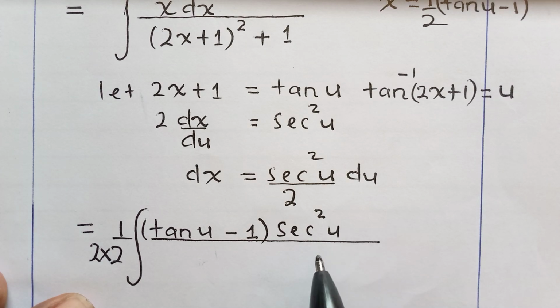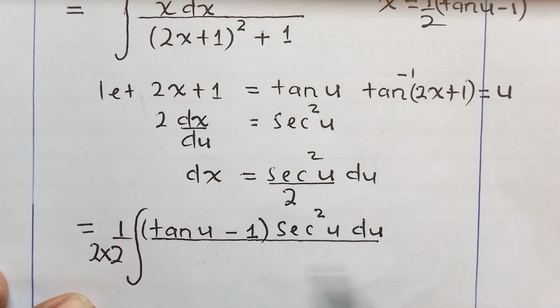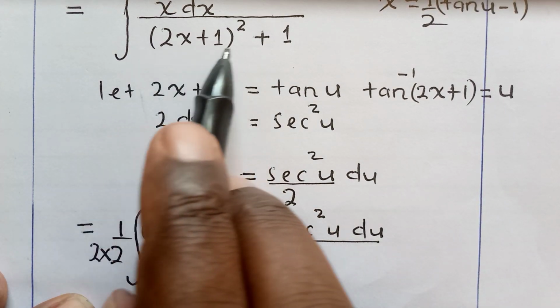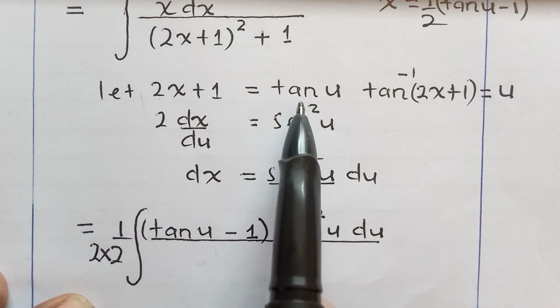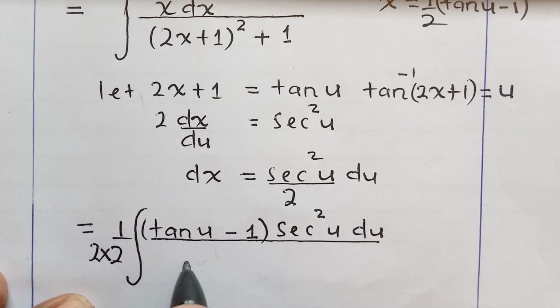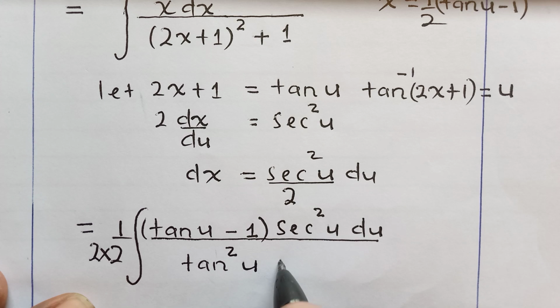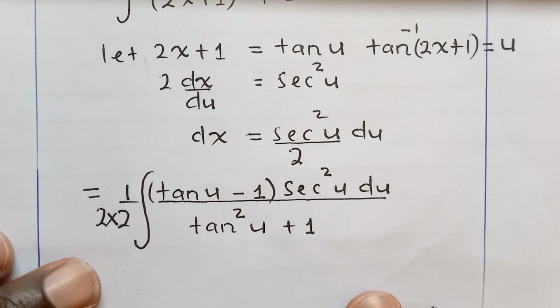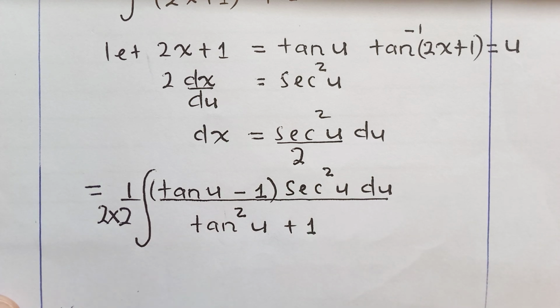Then from there, I am left with this. Here we have the du, and here we shall have our u, because we said not u, but tan u. So this one is going to be tan squared u plus 1. So that's what we are having. Let's continue from there. This one now is going to be 1 over 4.